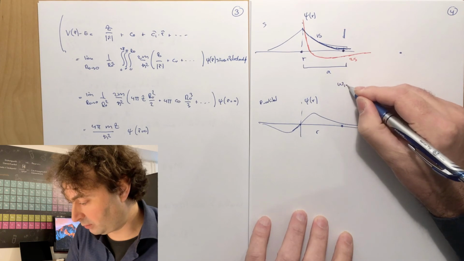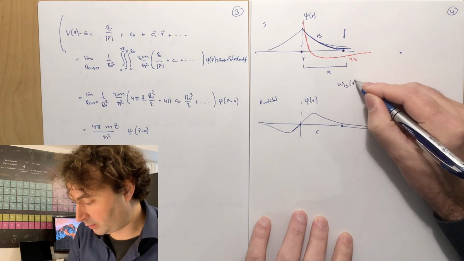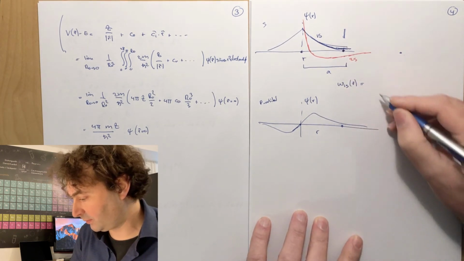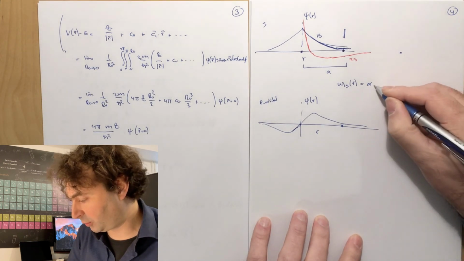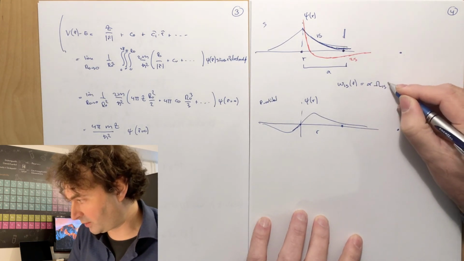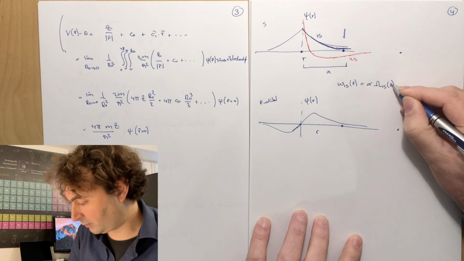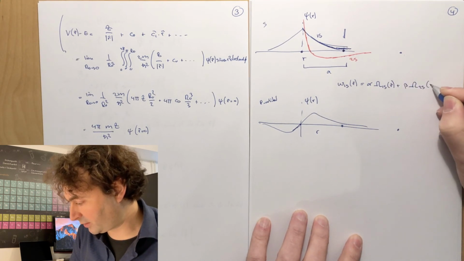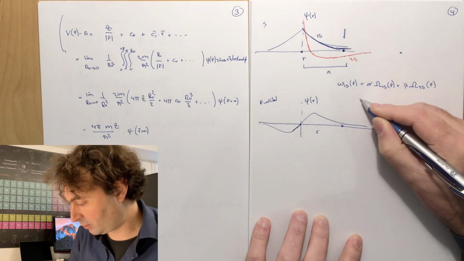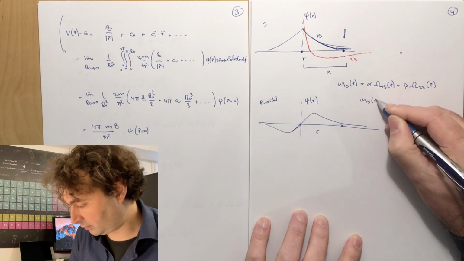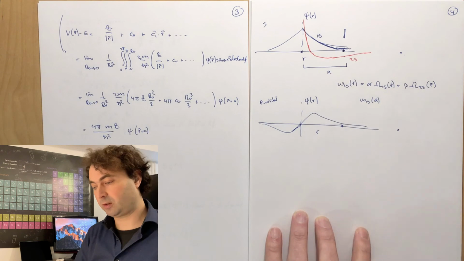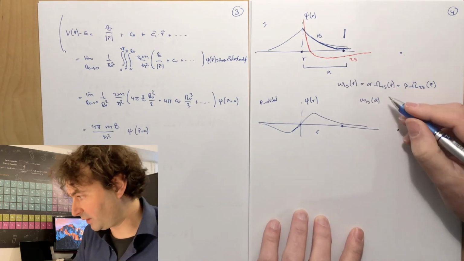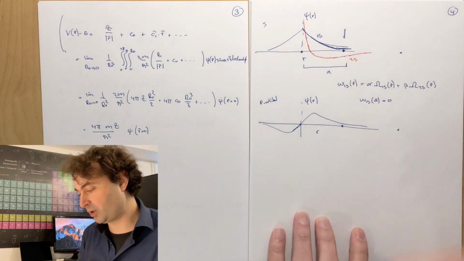So my 1s local Wannier function is going to be a linear combination of the atomic 1s wave function plus the atomic 2s wave function, such that the Wannier function at the nearest neighbor atomic distance is equal to zero.